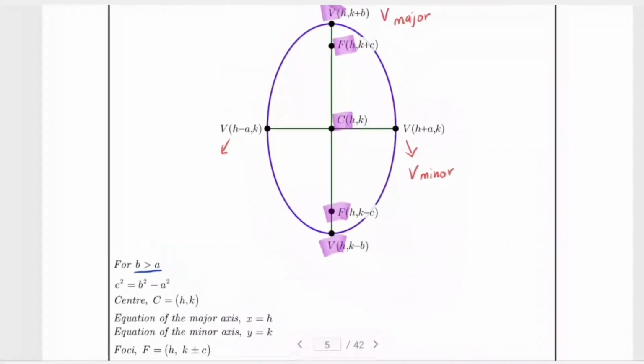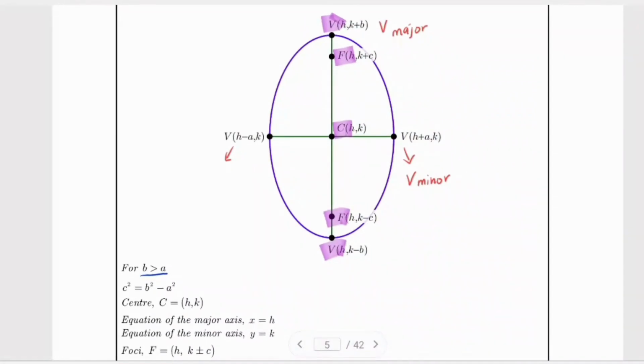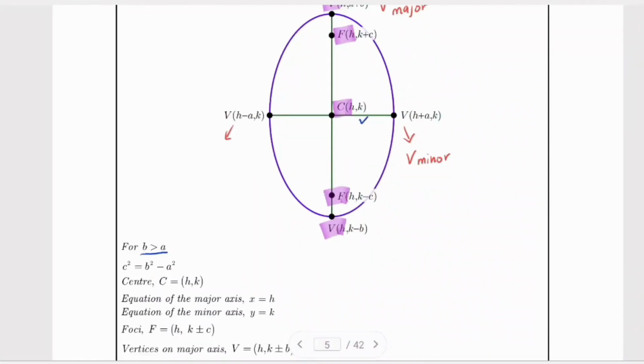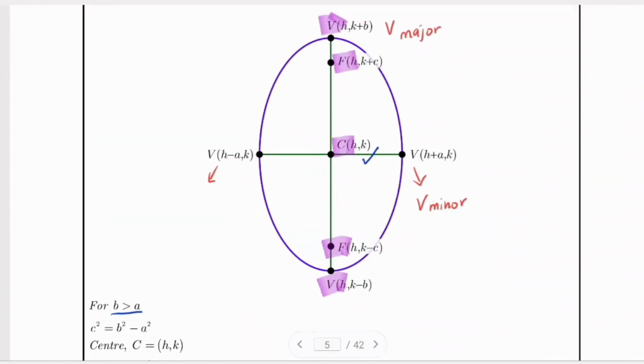So let's take a look at the center over here. You have the center (H, K), and we can notice that H will stay the same.